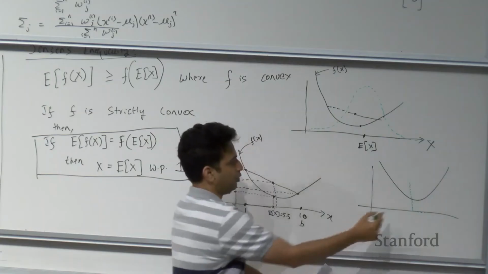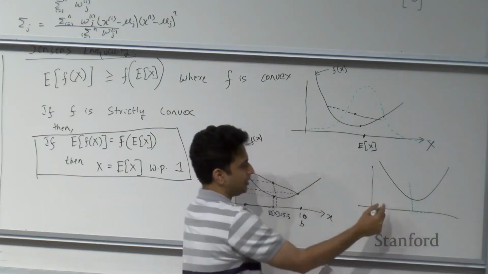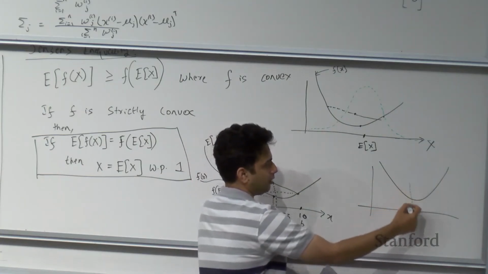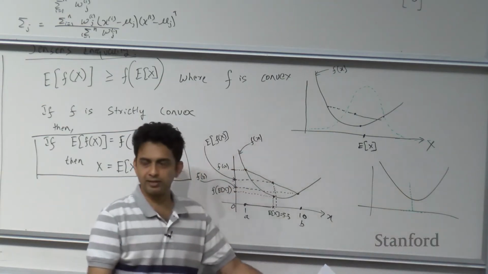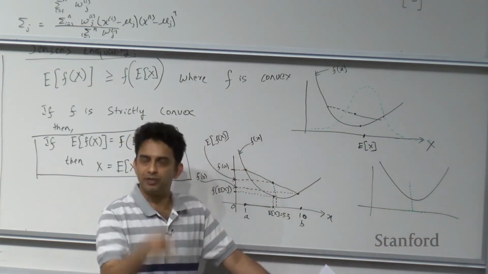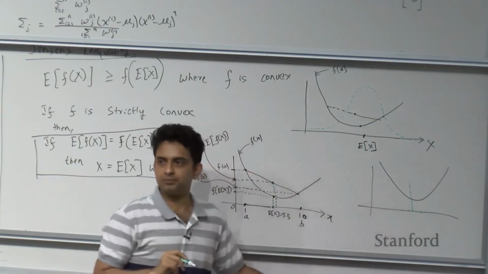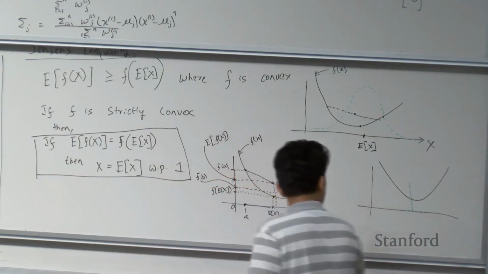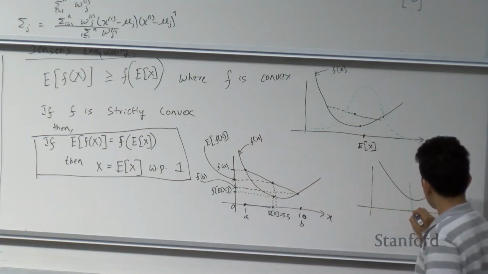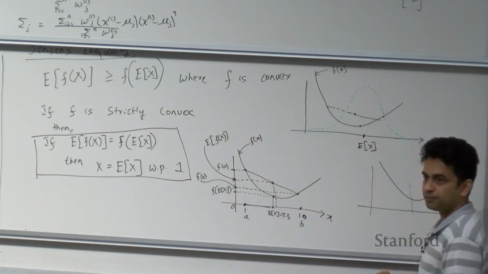Now over here in this dotted line, I'm drawing the probability density of x, which is like a Dirac delta function where it has all its mass concentrated at just one point, right? And in this case, this is expectation of x, and f of expectation of x is here.